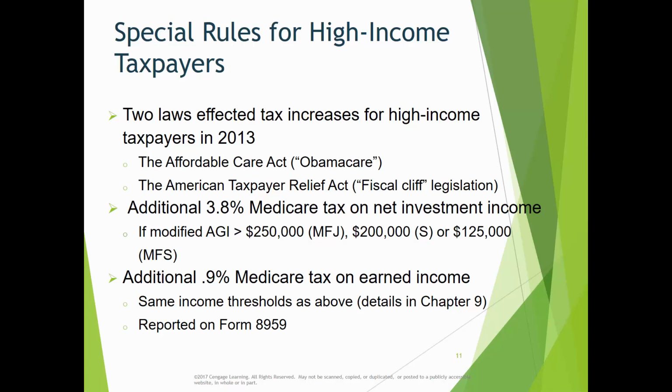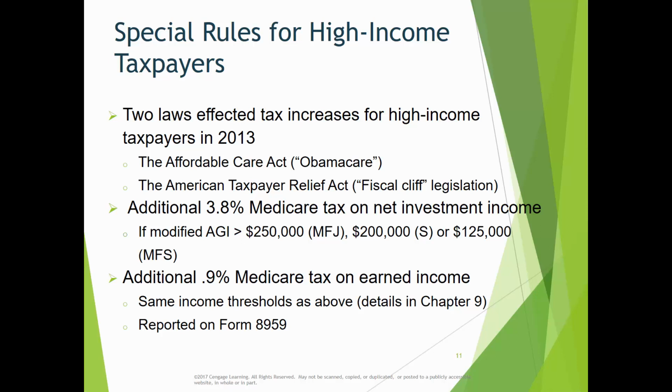And there were two provisions that added tax burdens to high-income taxpayers, which I was alluding to earlier. There's a 3.8% Medicare tax on NII, net investment income, if your modified AGI is over $250,000 married filing joint, $200,000 single, or $125,000 married filing separately. Okay, so that's just unearned income. You pay an additional 3.8%.